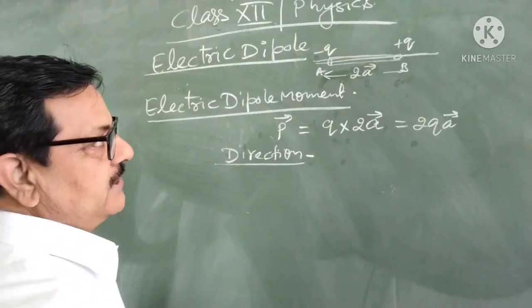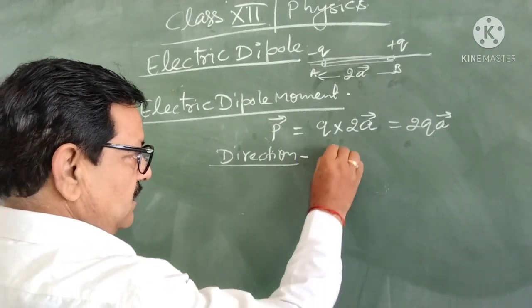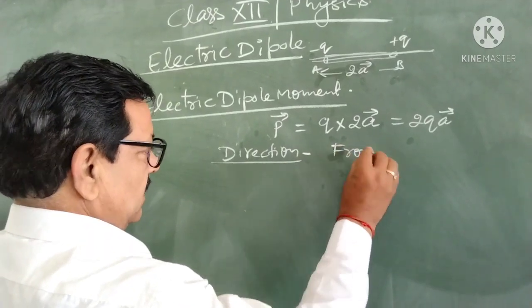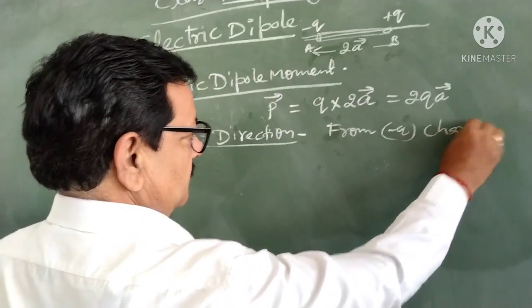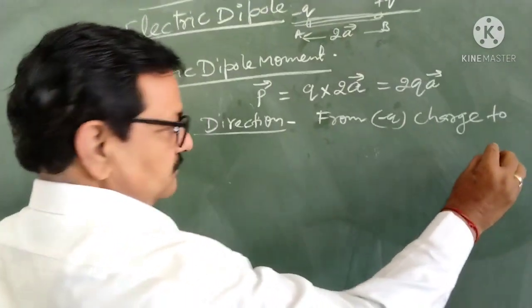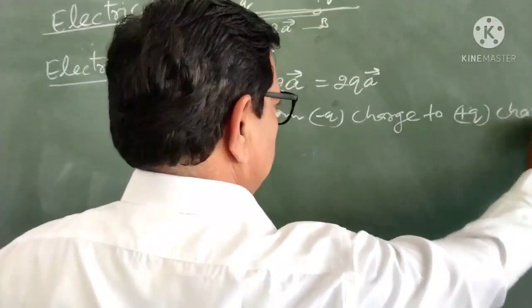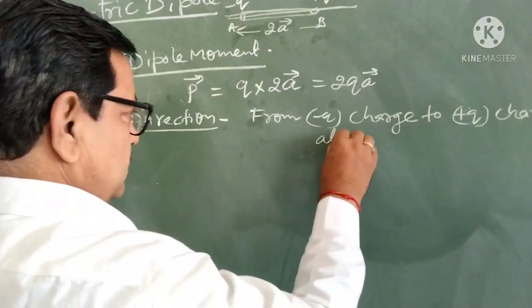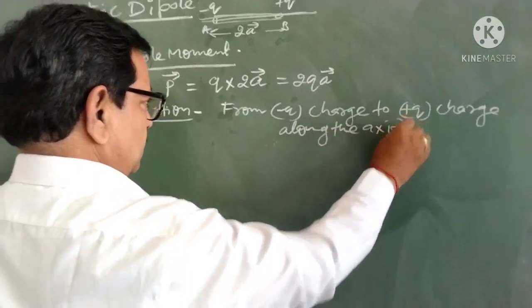Axis है minus q to plus q, ये axis है. From minus q charge to plus q charge, and direction is along the axis, so you can write here along the axis.